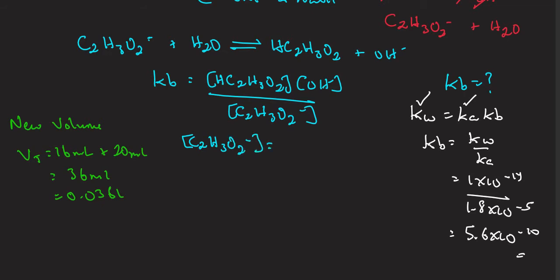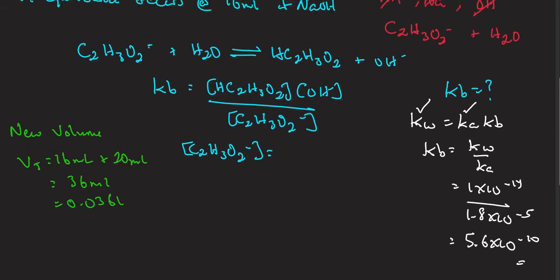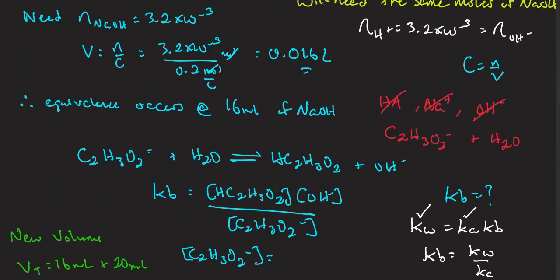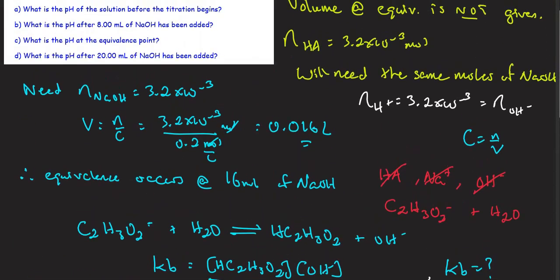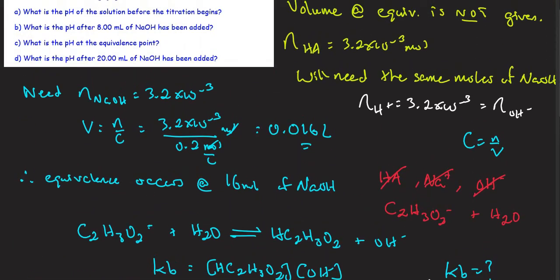We know the number of moles, back up here, of our acetate ion. I'm putting a box around the acid, but remember this acid dissociates in a 1-to-1 ratio. So yes, we have the same number of moles of hydrogen ions, but because it dissociates in a 1-to-1 ratio, we have the same number of moles of acetate.